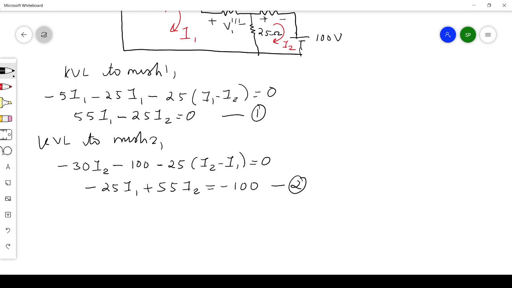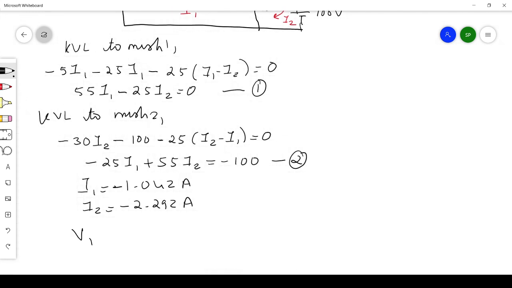Okay, so we are going to solve these two equations. We have two unknowns and two equations. Solving, we get I1 equal to minus 1.042 amperes and I2 equal to minus 2.292 amperes. Now V1 triple dash is equal to 25 I1.